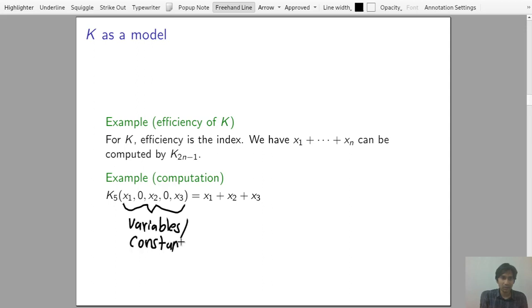I will not use arbitrary polynomials to substitute for the variables of k5, only variables and constants. And therefore you can view this as k5 being used to compute the polynomial x1 plus x2 plus x3. This can be generalized to show that the sum of n variables can be computed by k sub 2n minus 1.